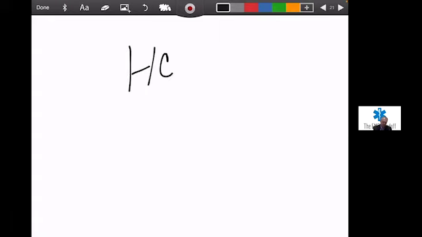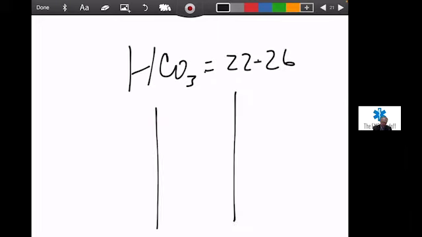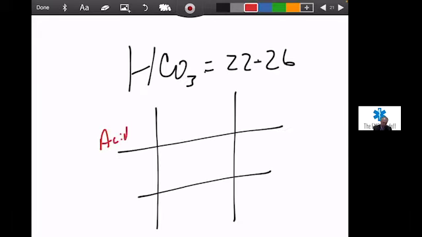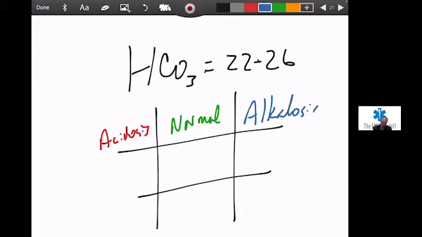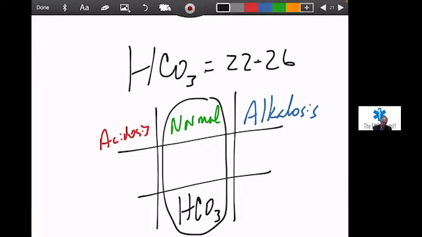If HCO3 is between 22 and 26, that's our normal range. So I would take my HCO3 and plug it right there. It's normal.